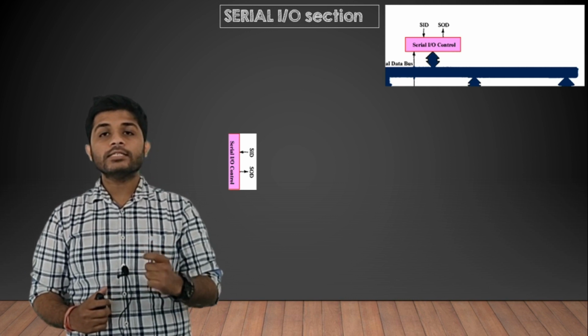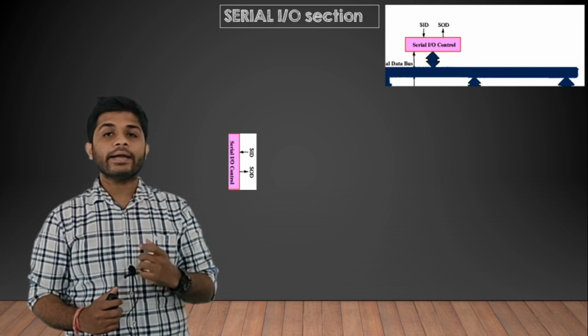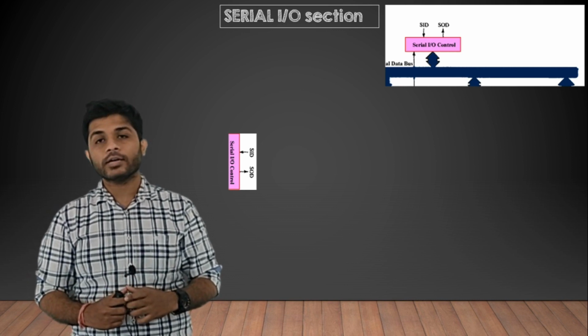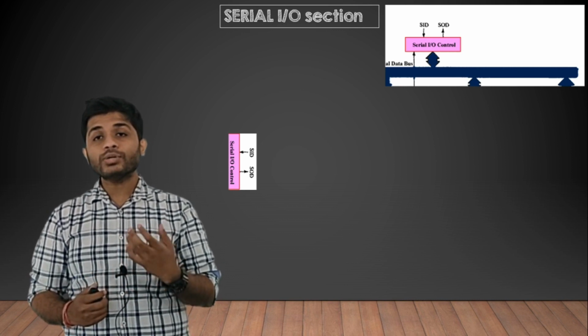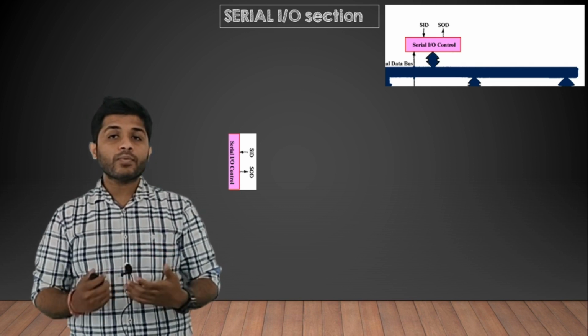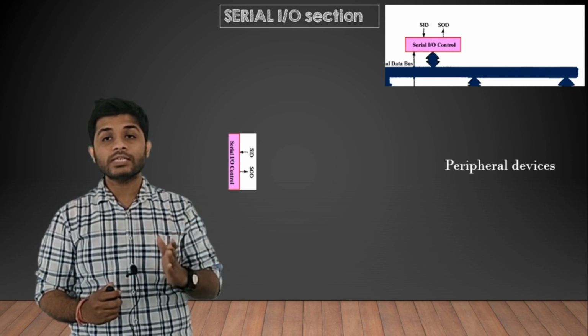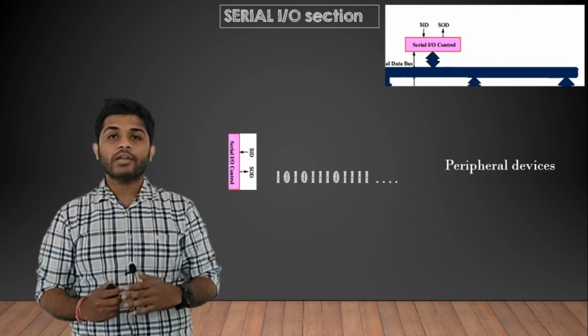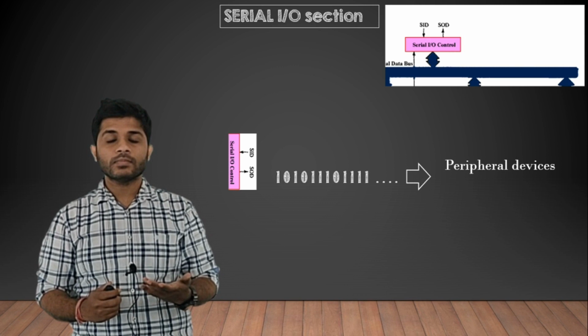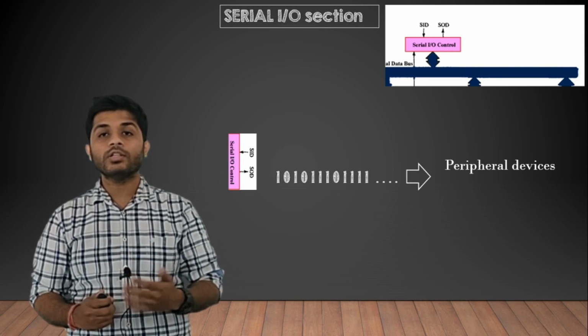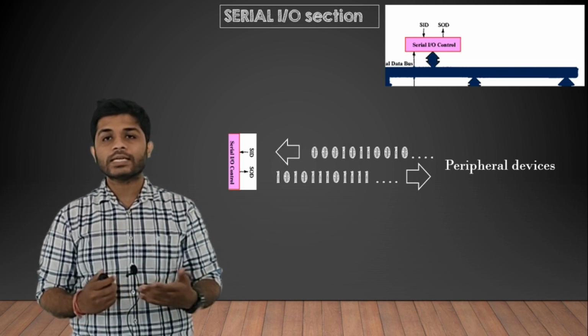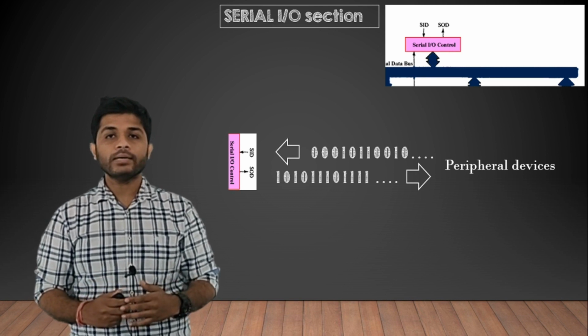SID means serial input data and SOD means serial output data. It means that if you want to send data, for example 8 bits of data, you have to send all these bits one by one. And if you want to receive any data, you have to receive all the bits one by one. You cannot send data in parallel, right?